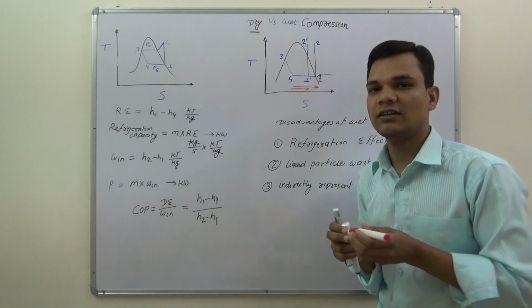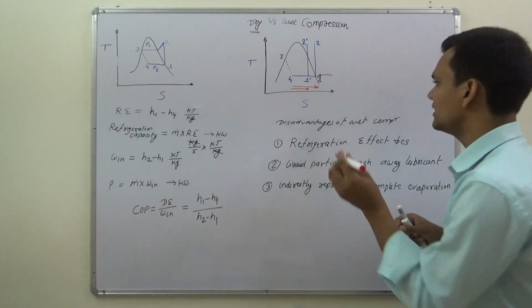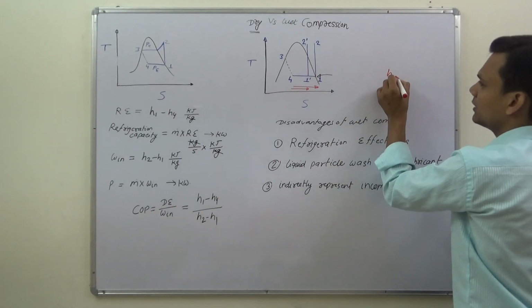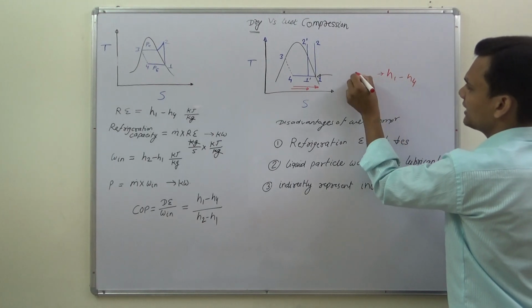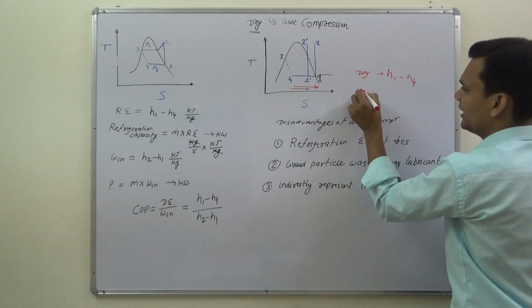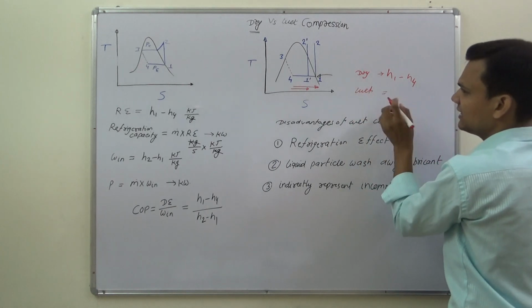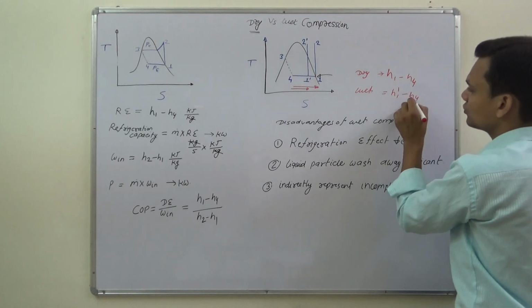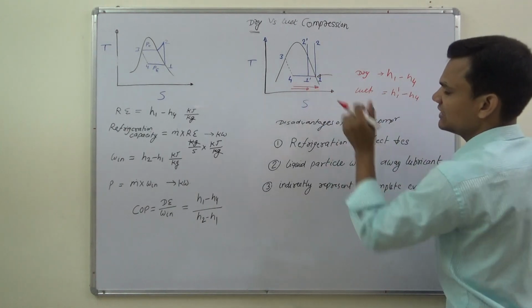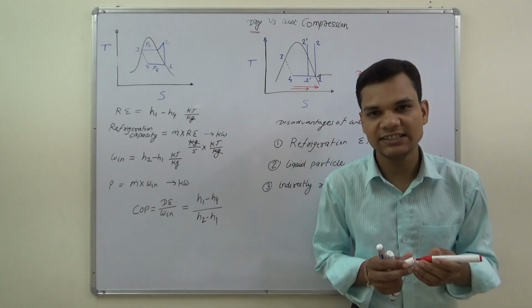So the refrigeration effect decreases from H1 minus H4 for dry compression to H1 dash minus H4 in wet compression. So this amount of refrigeration effect we are not getting.